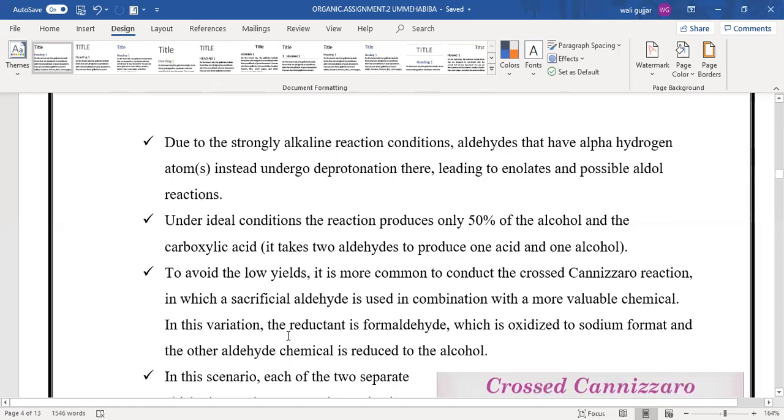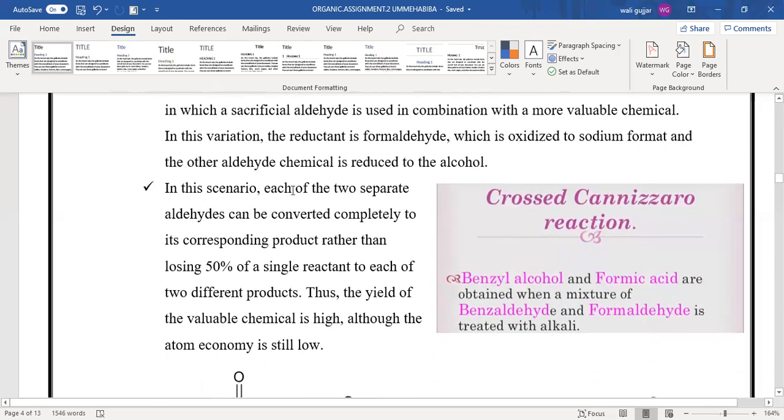In this variation, the reductant is formaldehyde, which is oxidized to form sodium formate, while the other aldehyde is reduced to the alcohol. So in this scenario, each of the two separate aldehydes can be converted completely to its corresponding product, rather than losing 50% of a single reactant to each of two different products. Thus, the yield of the valuable chemical is high, although the atom economy is still low.